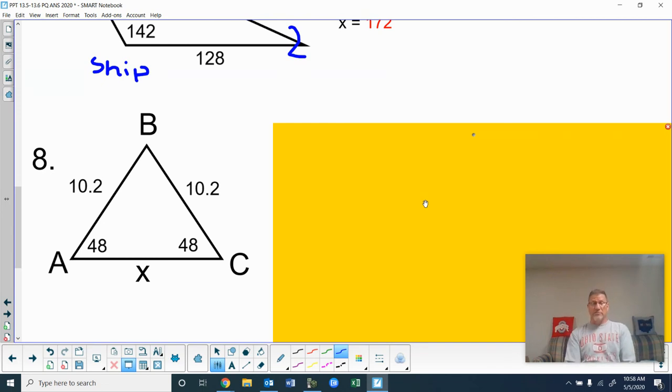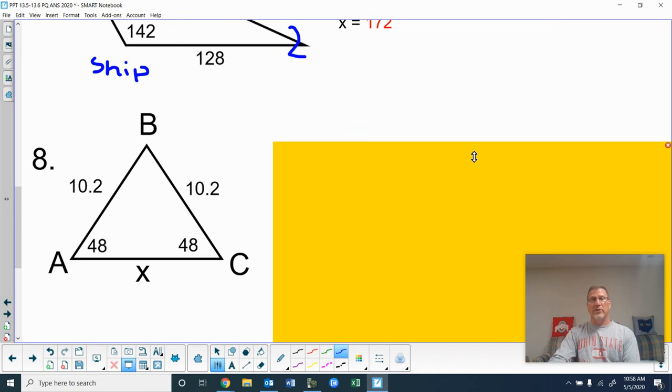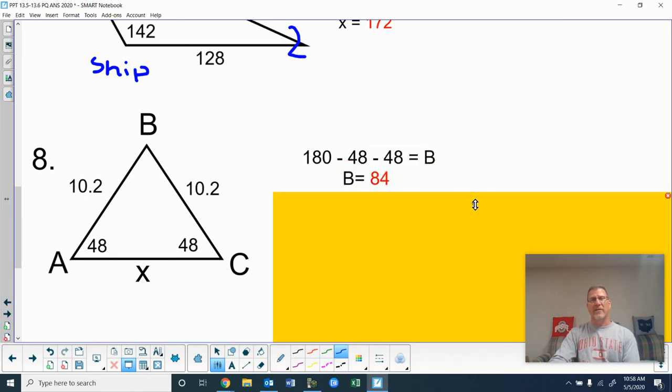What you have to do first anyway is subtract 48 plus 48, or 96, from 180. And that gives you angle B. Okay. But that's not what I'm asking for. I'm asking for the length of that third side. So make sure you answer this question.